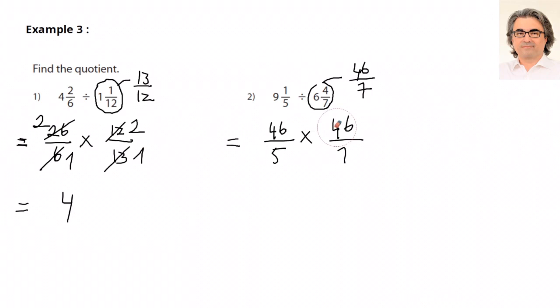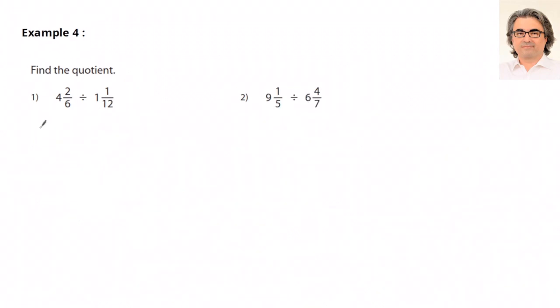If you change this division operation to multiplication, I should write instead of 46 over 7, 7 over 46. Now between 46 is the simplification. 46 over 46 is 1. The result will be 7 over 5 at the end, finally. I think you understood very well. Let's continue with the next page.